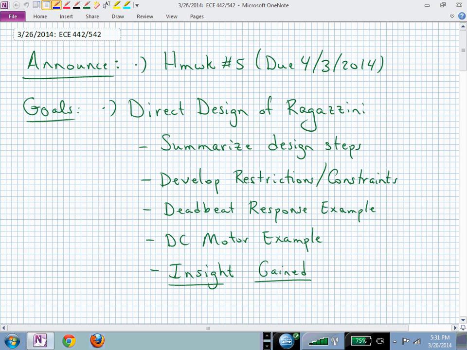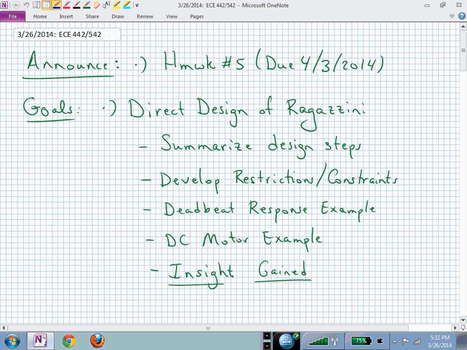did we learn by going through the design by Ragazzini approach that will then allow us to have more insight into subsequent design techniques. The plan is to talk about PIDs, PID controllers, proportional integral derivative controllers, after we talk about this. So we'll sort of reposition after we talk about the design by Ragazzini.